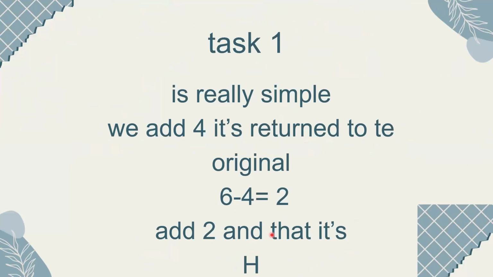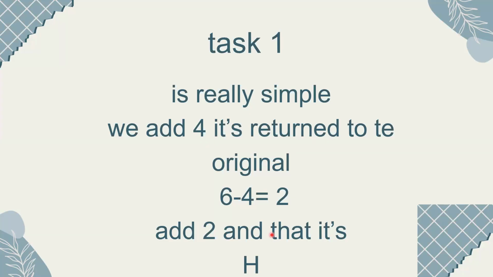For task 1, it's really simple because we start with L, and we know that there is a circle, so if we add 4, it returns to the same place. So 6 minus 4 equals 2.